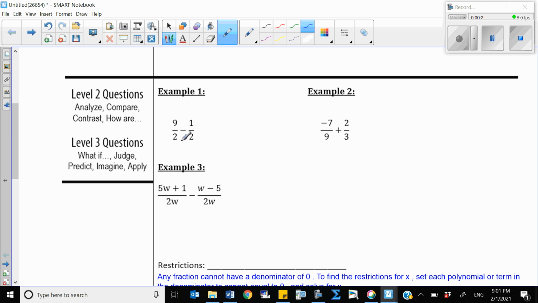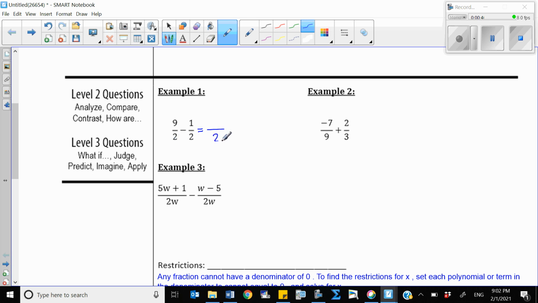We need to keep in mind that when we are adding or subtracting rational numbers, we need to have the same denominators, like the one that you see here, 9 over 2 minus 1 over 2. We have the same denominators. In order to find the answer, I'm just going to make one fraction here. The denominator of the answer is going to be the same thing that we had for these two.